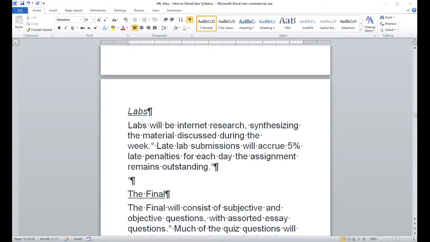So one of your labs will be getting on the CIA Factbook and looking at a list of countries there and seeing what their border disputes are, and what those disputes are about, et cetera. So really cool stuff. As we get into the course, so many students are like, wow, I just never realized that geography dealt with this.